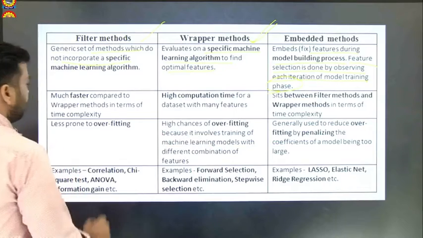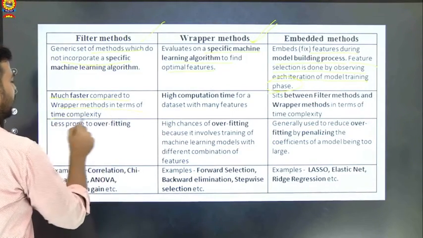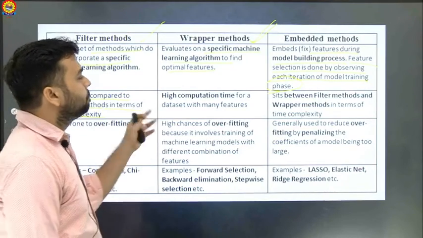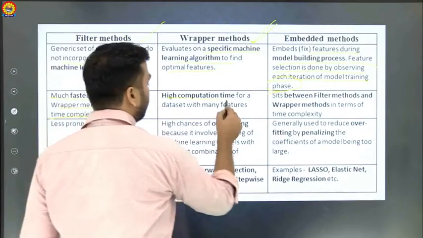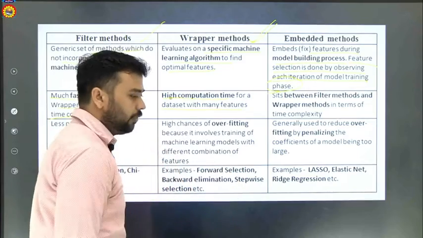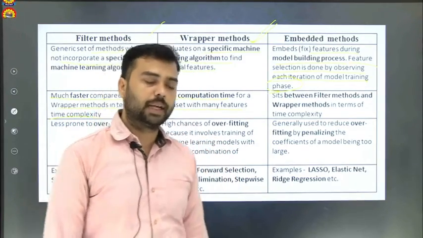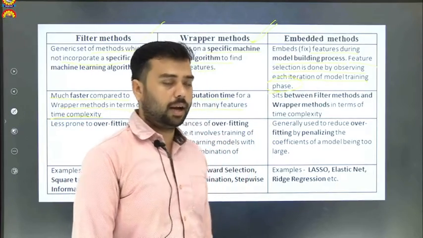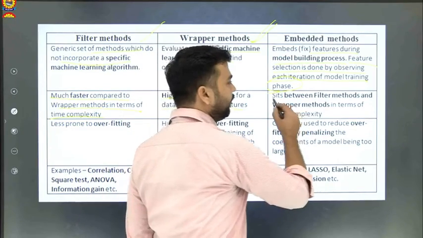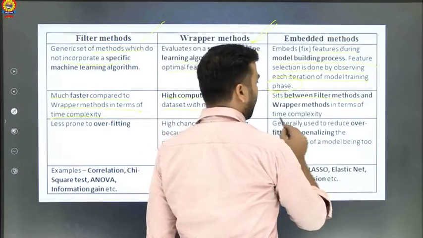The filter method is much faster compared to the wrapper methods in terms of time complexity. So it takes less time, while the wrapper has higher computational time. The computation time is very high for a data set with many features. If the data set contains a huge number of features, then the time taken to select the feature subset is larger in the case of the wrapper method. The embedded method sits between the filter and wrapper methods in terms of time complexity.